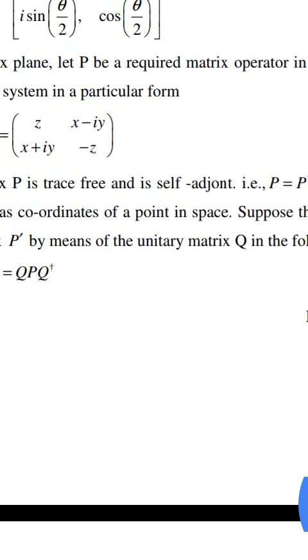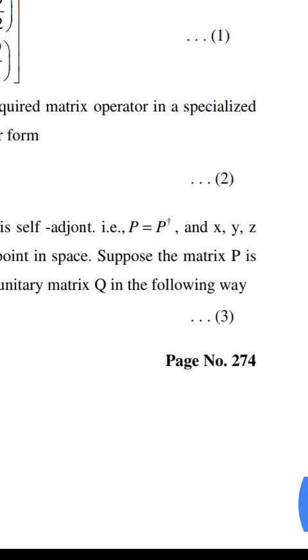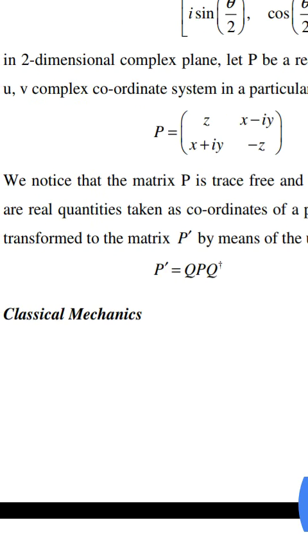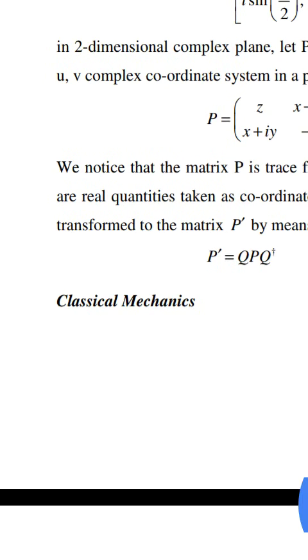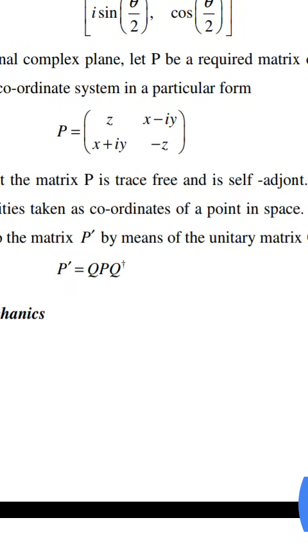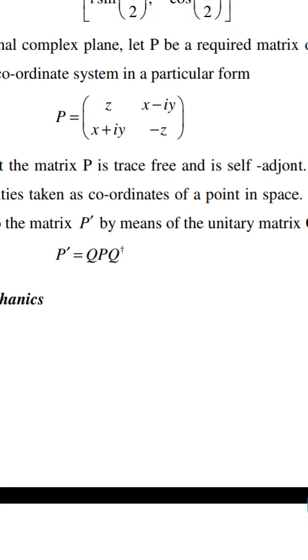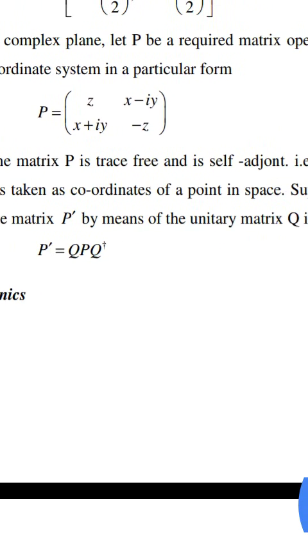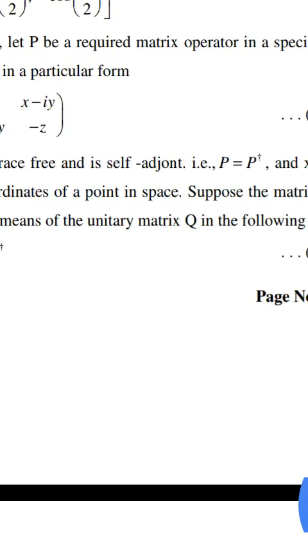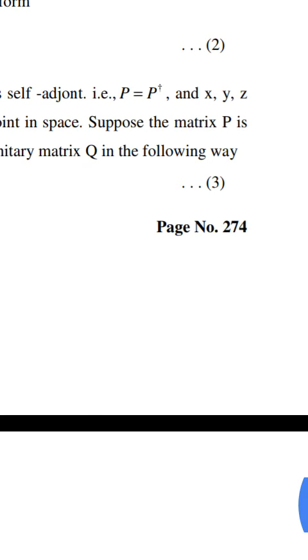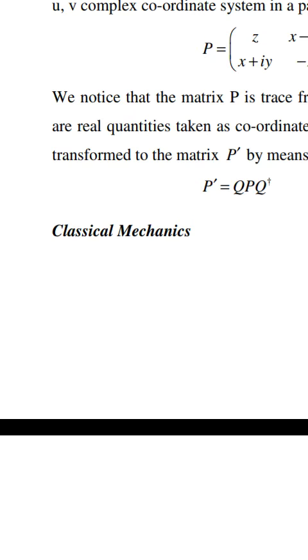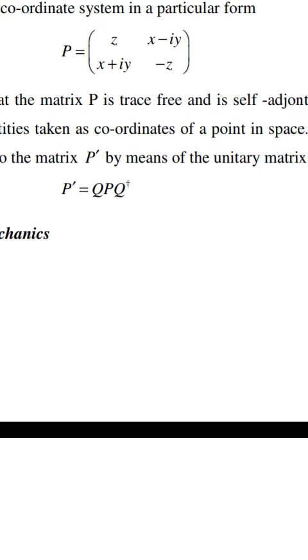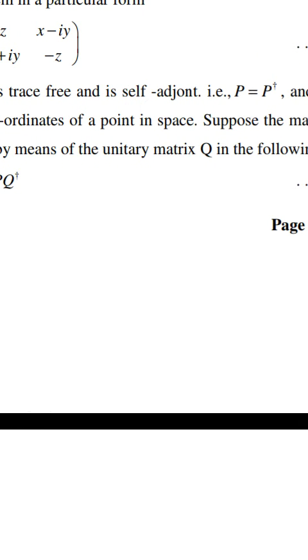Solution: Let P be a required matrix operator in a specified complex coordinate system in a particular form. P is equal to z, x minus i y, x plus i y, minus z. We notice that the matrix P is trace free and is self-adjoint, P is equal to P dash, and x, y, z are real quantities taken as coordinates of a point in space.